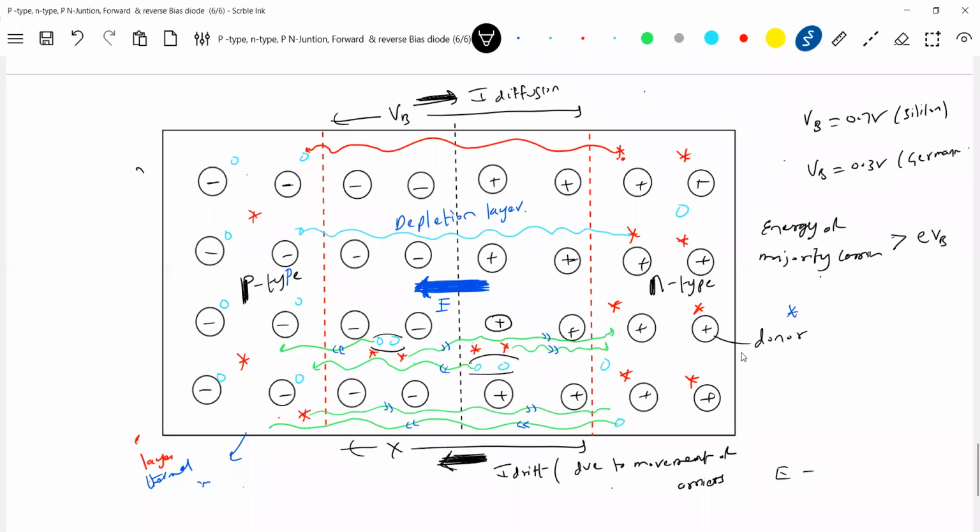I think I should write it in the form of a sentence. Then they will diffuse. Okay, fine. So whether it is germanium or silicon, those majority carriers whose energy is less than this cannot diffuse. There will be a few others, not many. Some most energetic electrons from N type will diffuse to P type, or most energetic holes will diffuse from P type. Not all, I'm making it clear.